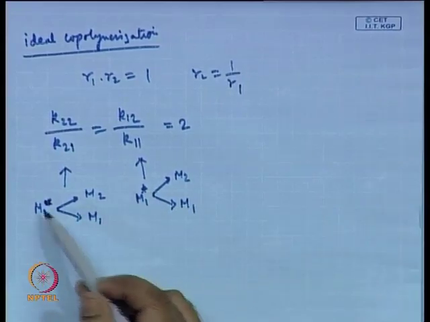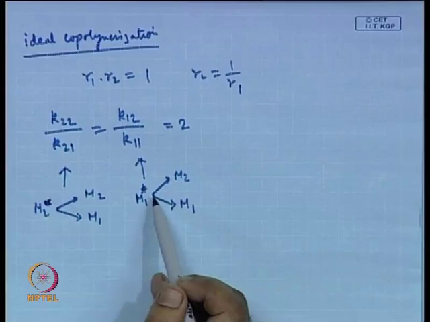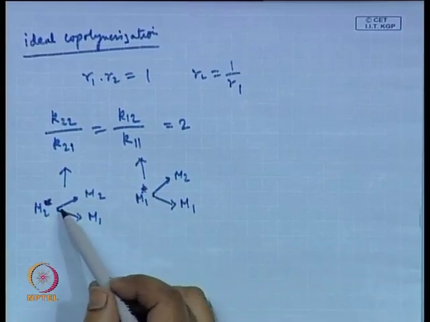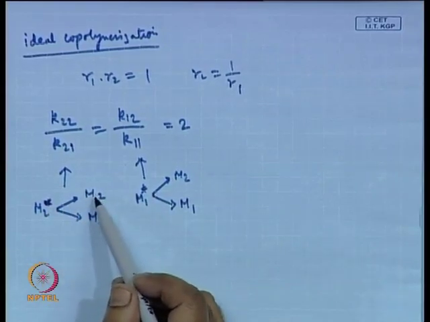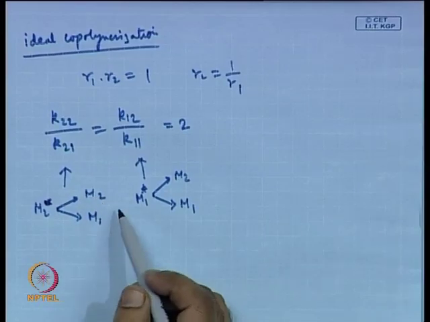So, irrespective of which propagating species you have in the reaction medium, the reaction with M2 will always be faster and M2 will be more reactive than M1.